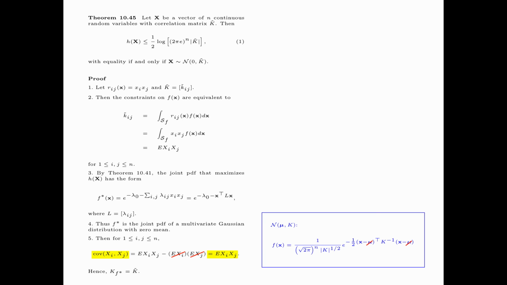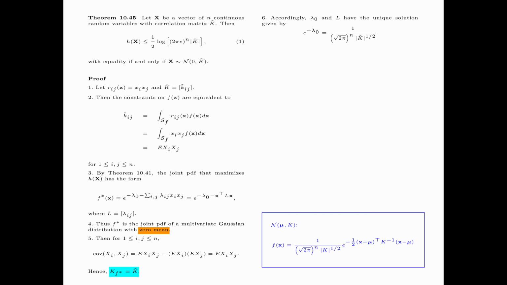Hence, the covariance matrix corresponding to the PDF f star is equal to K tilde because the expectation of x_i times x_j has been set to K tilde_ij. Now f star is the joint PDF of a multivariate Gaussian distribution with zero mean, and the covariance matrix is equal to K tilde.